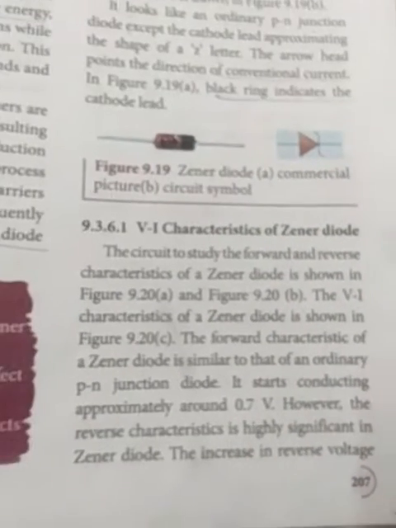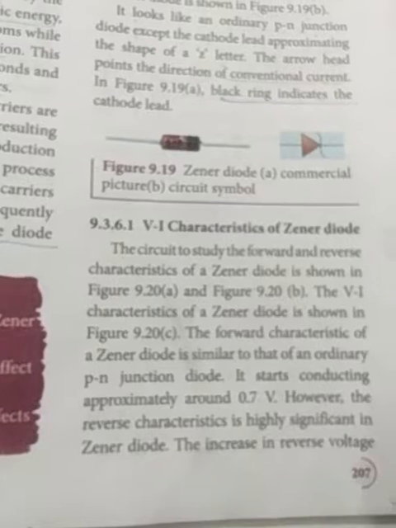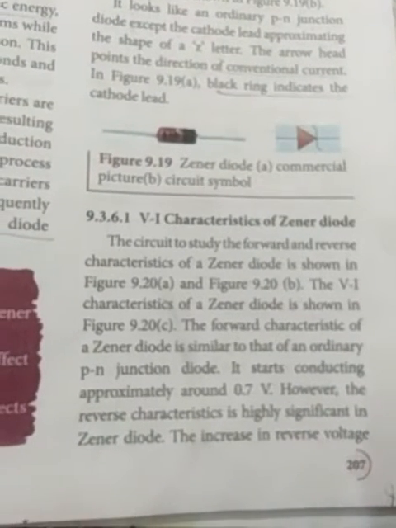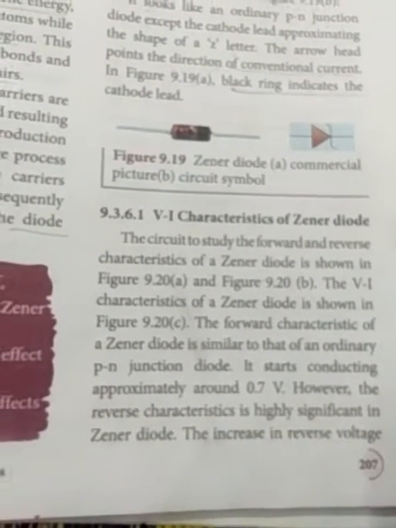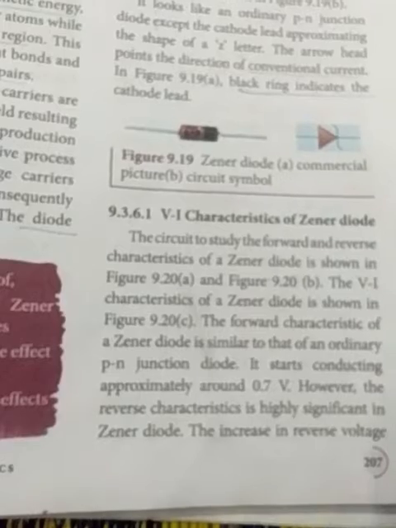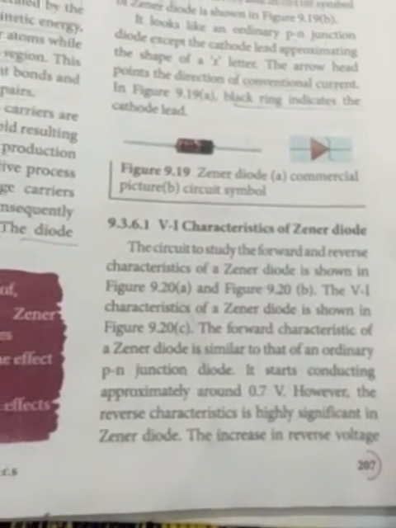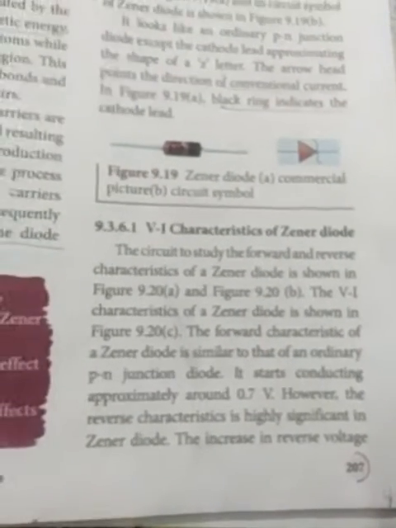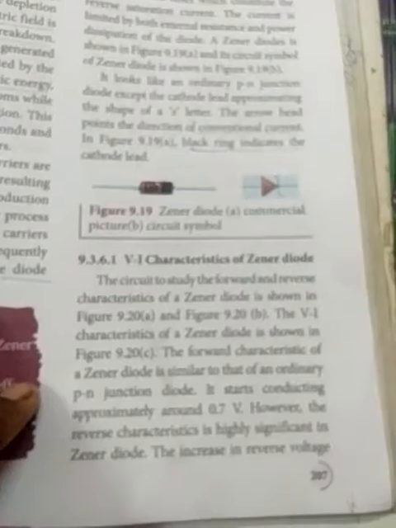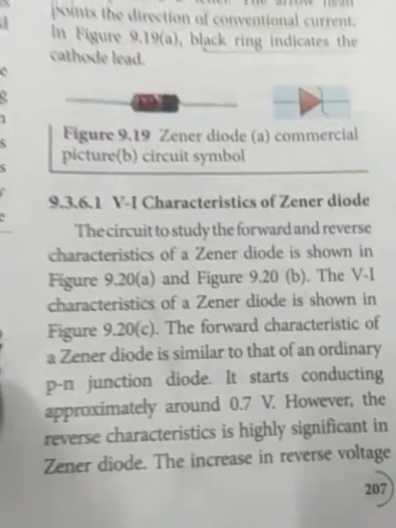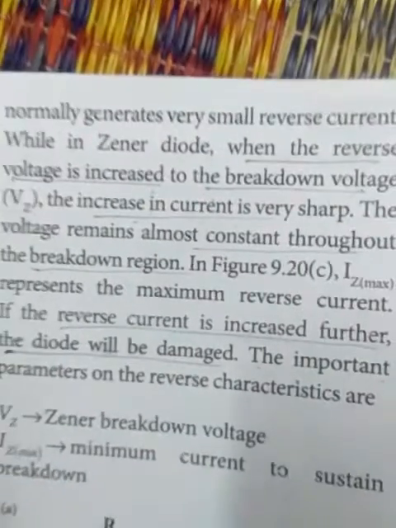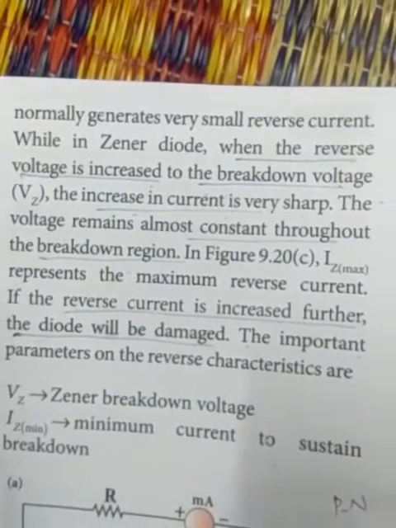In reverse, we apply the voltage in the reverse-biased PN junction. The reverse characteristics are highly significant in the Zener diode. Normally, as the reverse voltage increases, there is only a very small reverse current.